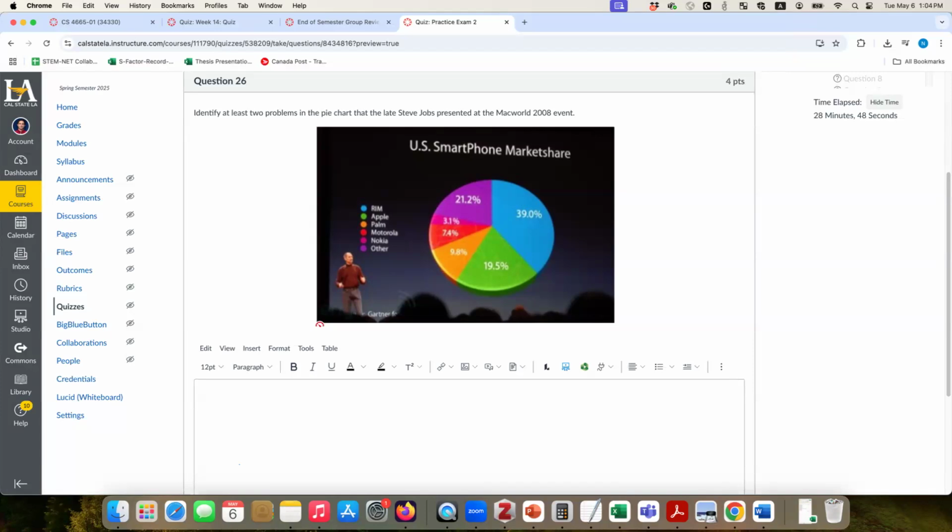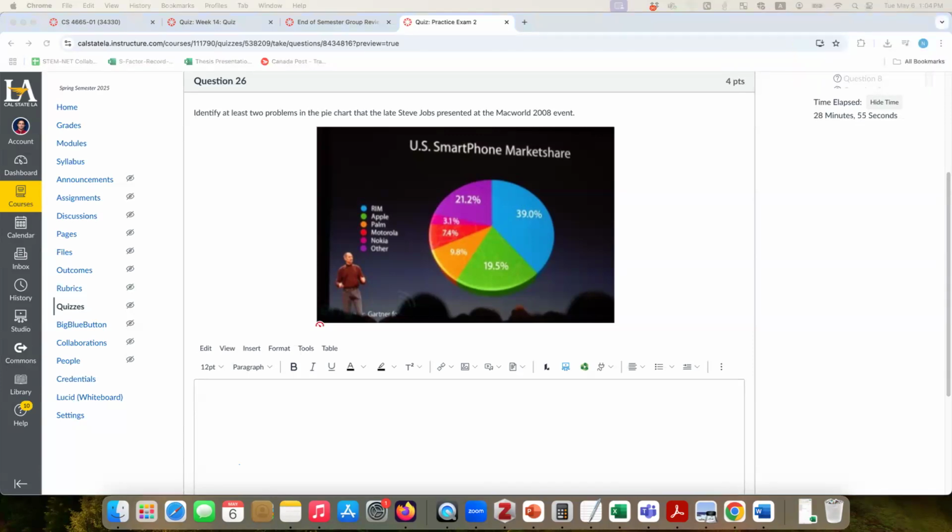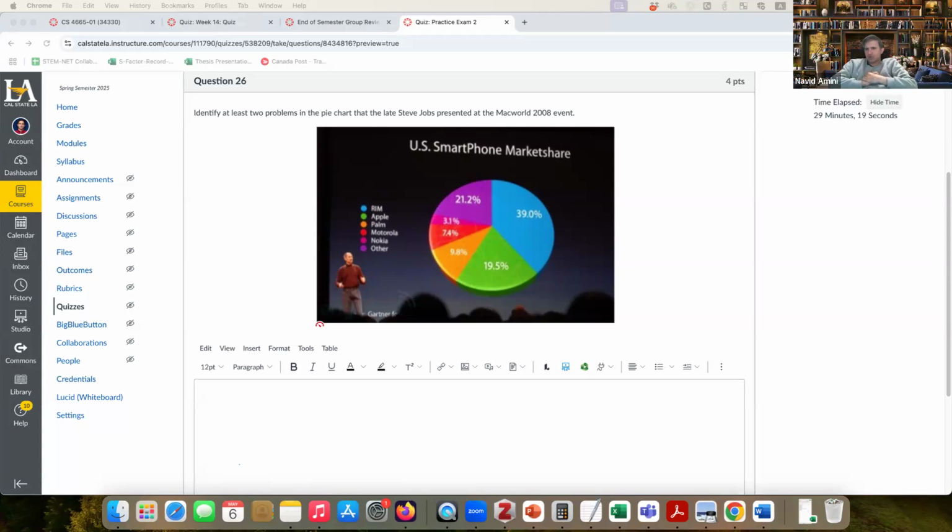Tony, say you identified one large problem, one small problem. That's good. A round of applause for Tony. And Lynn, go ahead. I was just gonna say, the pie chart is kind of distorted in a way that even though the 21.2, that purple chunk is bigger than the green chunk, it looks as if the green chunk is bigger because they distorted the angle. Yes, that's the number one problem.